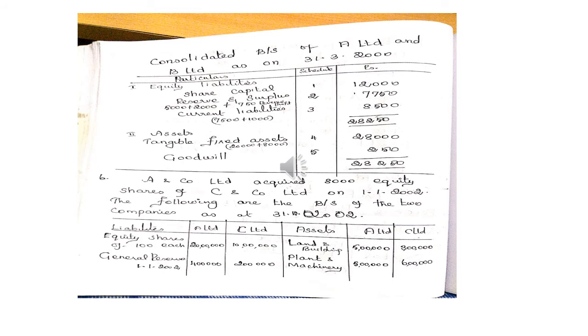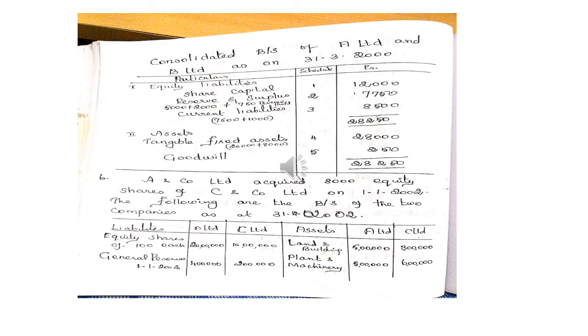Okay. Next problem is: A Limited acquired 8,000 equity shares of C and Company Limited on 1/1/2002. The following are the balance sheets of two companies as on 31/12/2002, A Limited and C Limited.